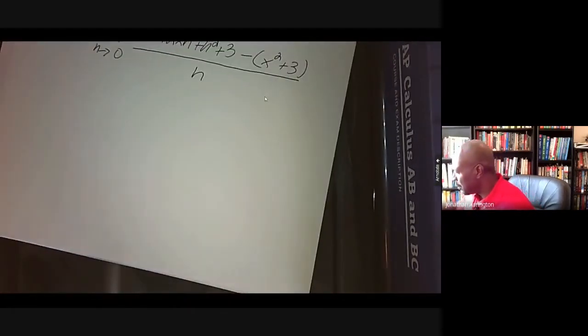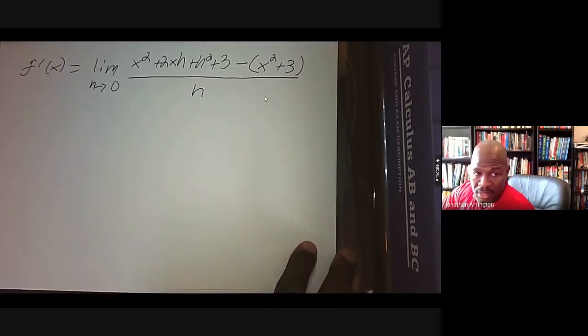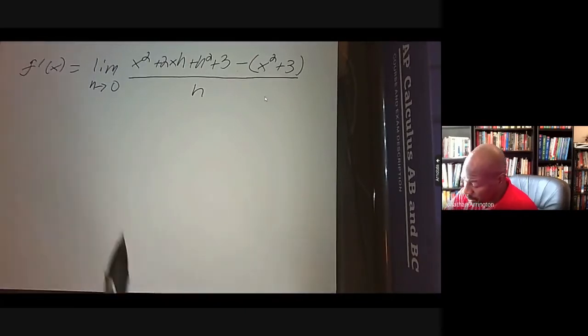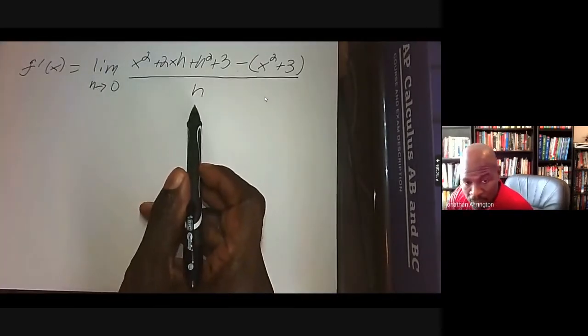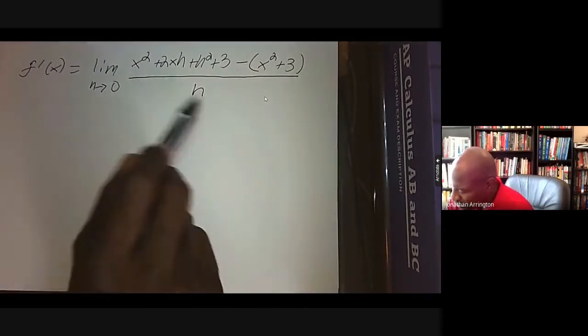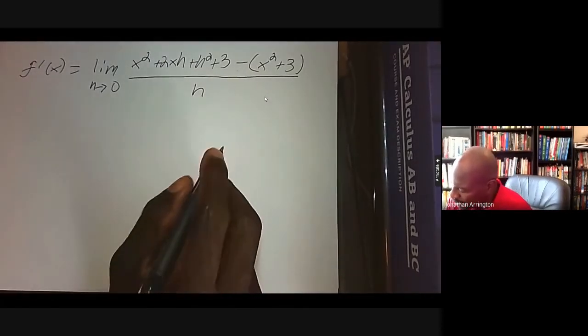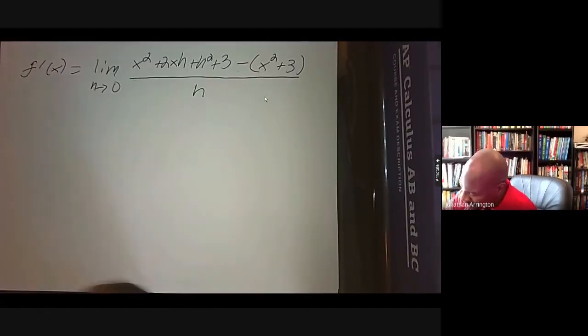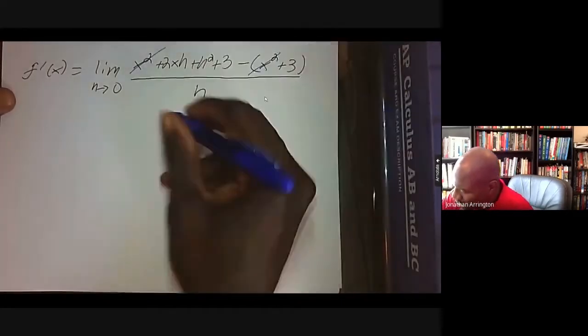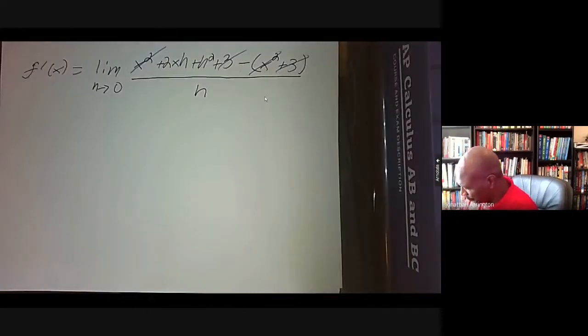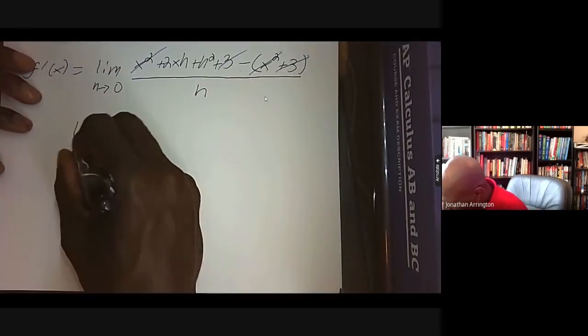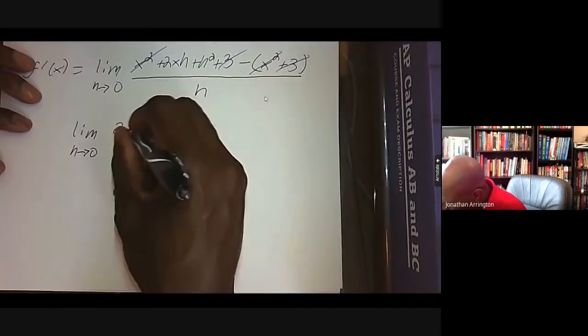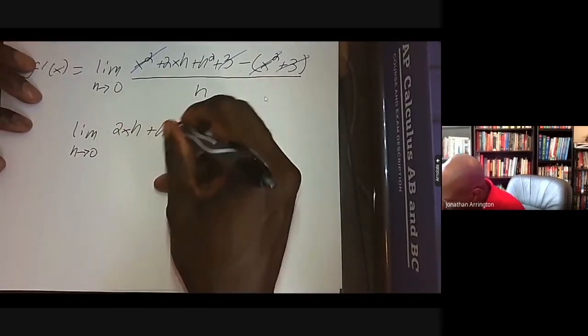So we want to find this limit. And we're familiar enough with limits to see that there will be a problem the way it is constructed right now, because if I plug in 0 for h, I'm going to have 0 in my denominator. So I need to be able to take that 0 out of my denominator before I can plug this 0 in. So let's see what happens when we subtract up here. Some things are going to cancel quite nicely. X squared, 3, 3. So what we're left with on the top, limit as h goes to 0, is 2xh plus h squared.